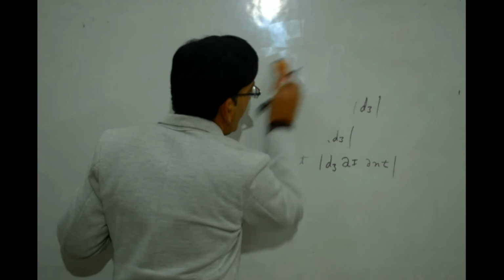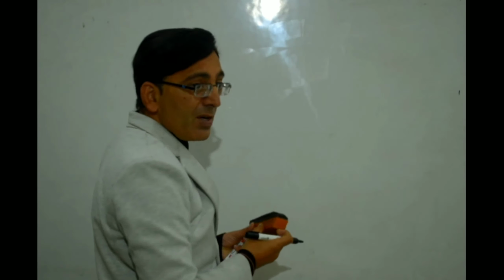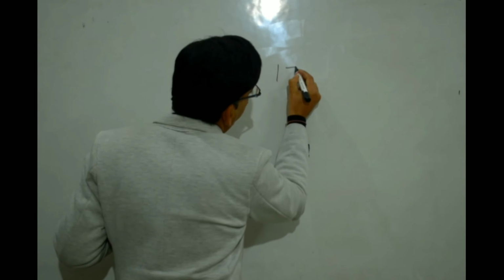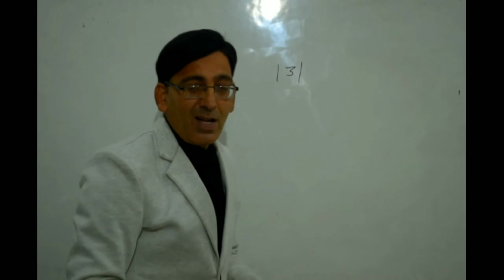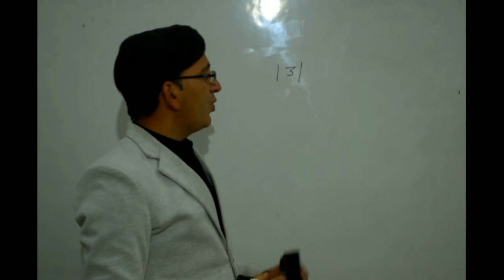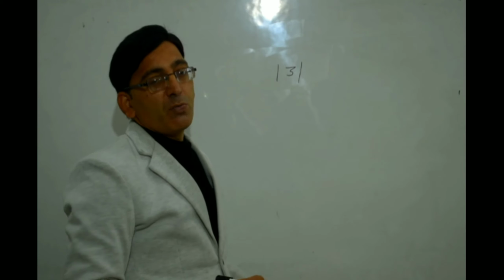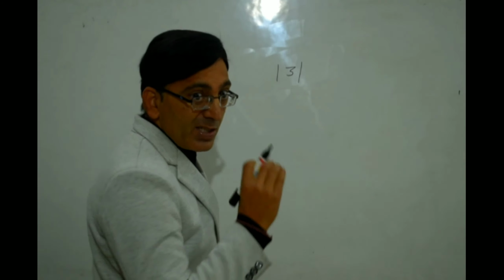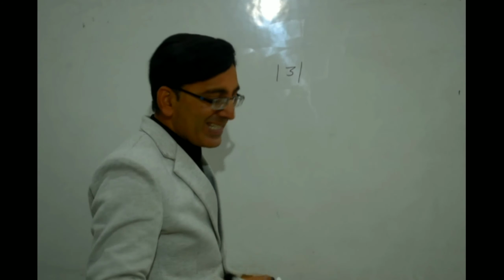Now come to the last one, Z, the humming sound, it's Z. When it is pronounced, actually the students don't pronounce this sound, so you should take this sound a little bit attentively.